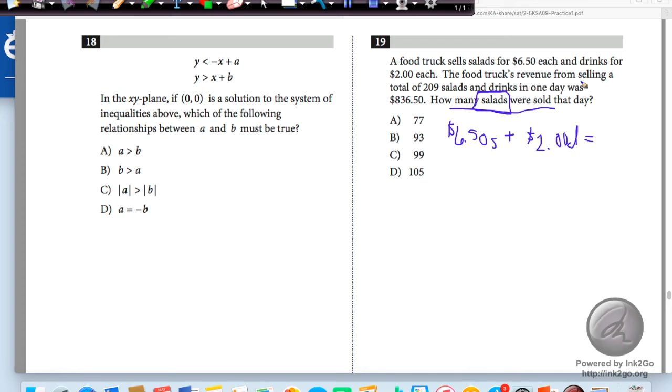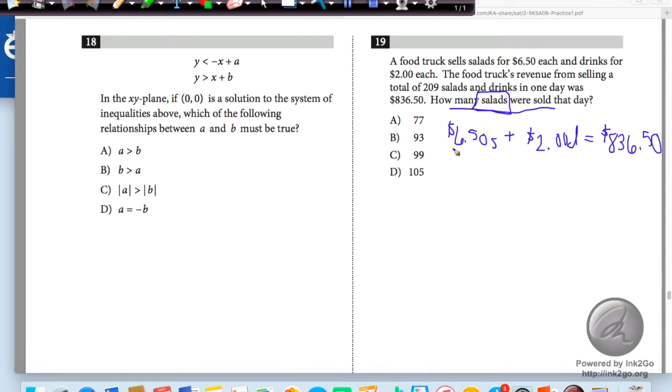The food truck's revenue from selling salads and drinks in one day was $836.50. And I'm under the understanding that I have a total of 209 salads and drinks in that same day.